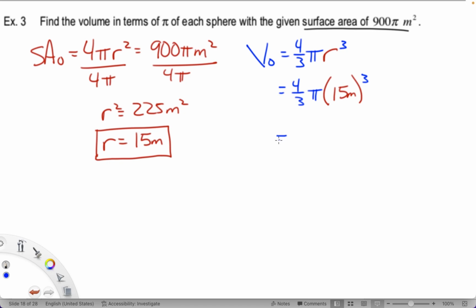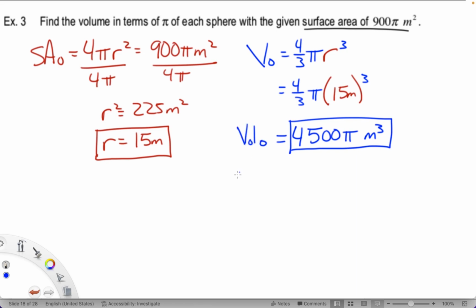So when I multiply it all out and divide, it's going to end up being 4,500 pi cubic meters. That is going to be the volume of my sphere.